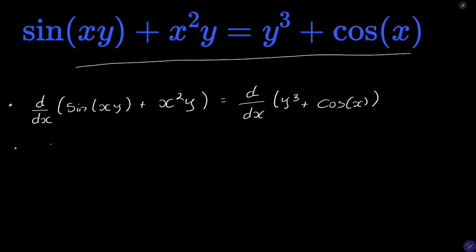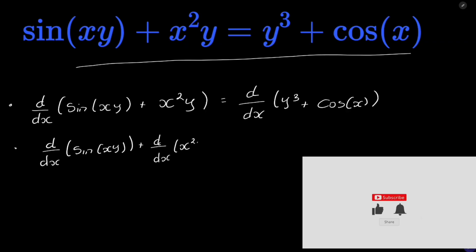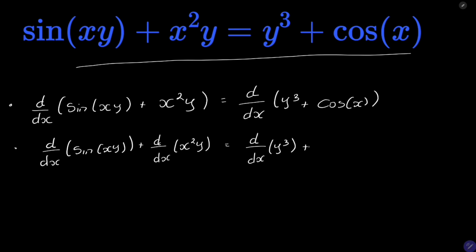So opening the bracket, we have d on dx of sine xy plus d on dx of x squared y equal to d on dx of y cubed plus d on dx of cos x.